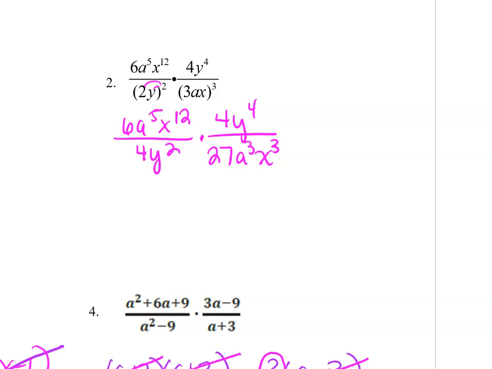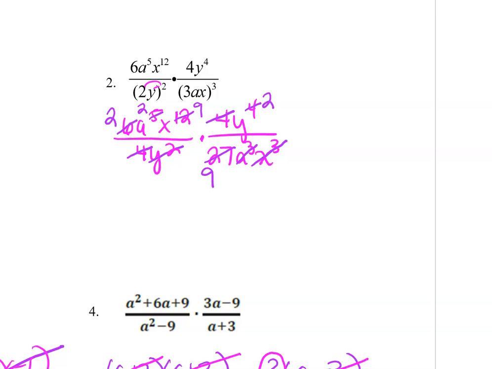Now I look to cancel stuff. So I can cancel the y squared, the y to the 4th, but that would leave me with a y squared. I can cancel the 4's. I can cancel the a to the 3rds but that would leave me with an a squared. I can cancel all my x cubes, but that would leave me with x to the 9th. And then I can reduce the 6 by 3 to give me 2, and the 27 by 3 to give me 9.